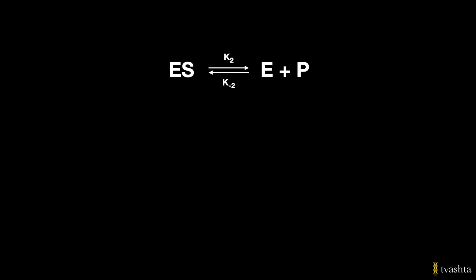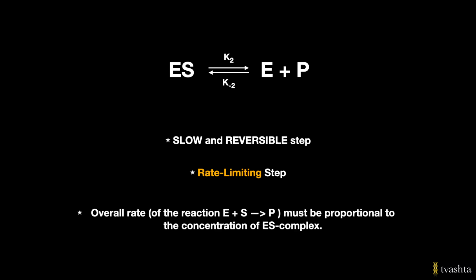The enzyme substrate complex then breaks down in a slower second step to yield the free enzyme and the reaction product. Since this is a slower reaction, it will become the rate limiting step in the overall reaction. So the overall rate must be proportional to the concentration of the reactant of the second step, and that is the enzyme substrate complex, or the ES complex.